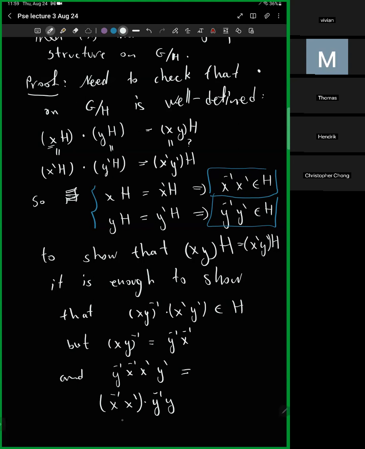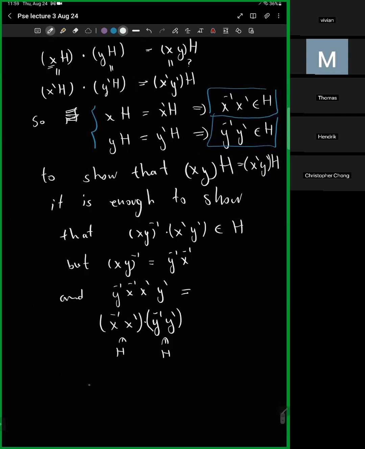The first blue box tells me that this is an element in H. The second blue box tells me that this is an element in H. So all in all, the entire product must be an element in H, because H is a subgroup and it is closed under products.